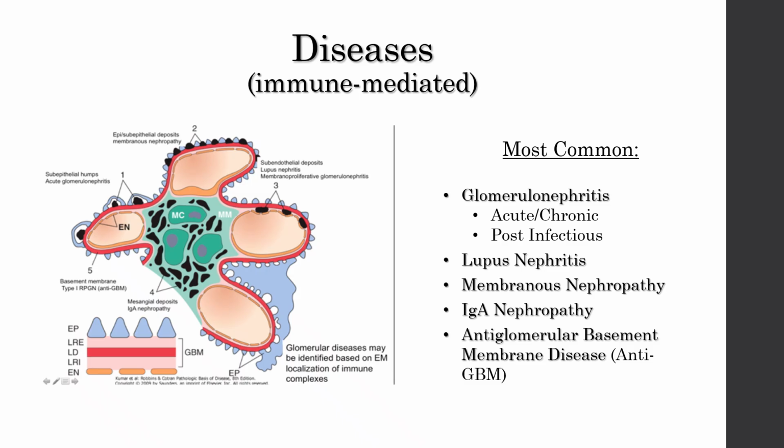From a histology standpoint, these diseases are classified by location of the immune deposits, so whether they're subepithelial, subendothelial, or mesangial, appearance on light microscopy, immunofluorescence pattern, and electron microscopy findings. So you cannot diagnose these cases on H&E alone. This is why renal biopsies are tiny, precious, and extremely well triaged for light microscopy, IF, and EM, okay?